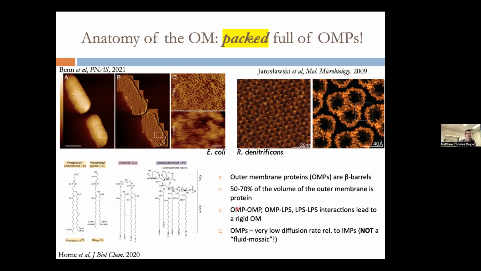And so you can have OMP interactions between all the OMPs, OMP-LPS, and LPS interactions. And basically, all of these interactions cause a very different type of structure, where you have low diffusion rates. So basically, it's not a fluid mosaic. You teach kids fluid mosaics, it's not a fluid mosaic.